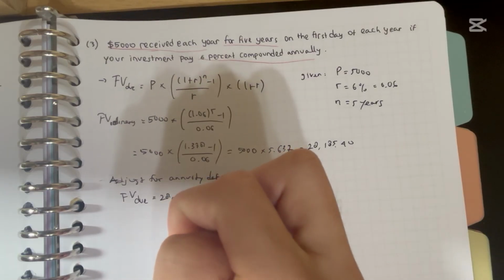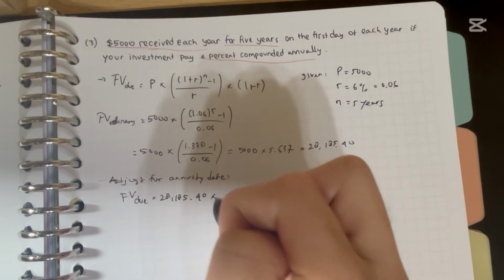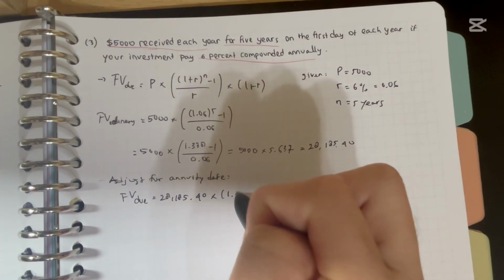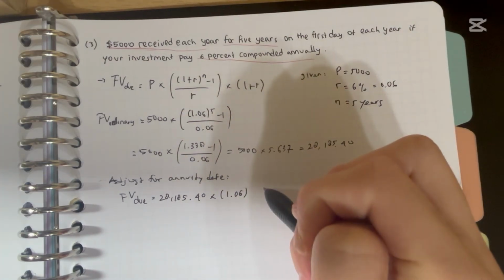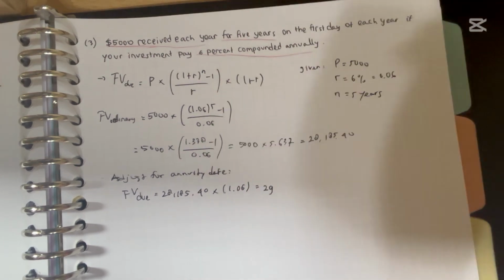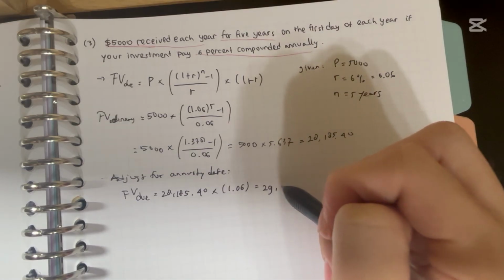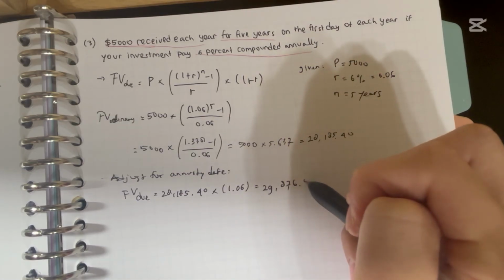So 28,185.40 multiplied by 1.06, and we get 29,876.52.